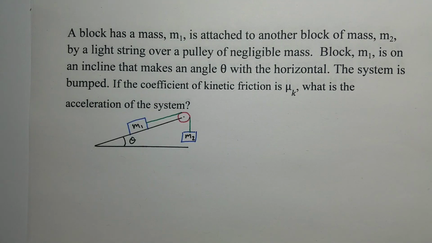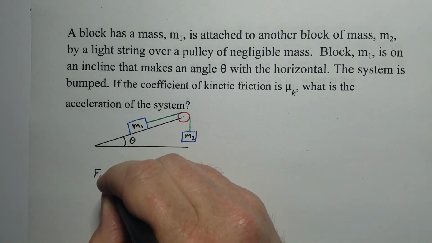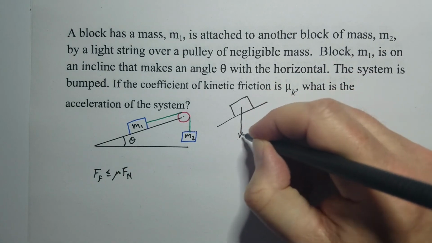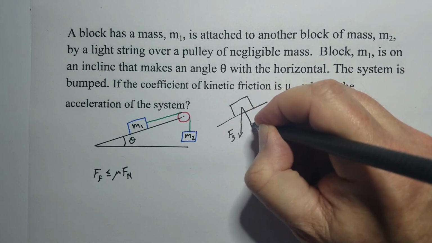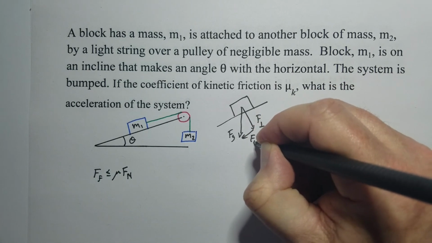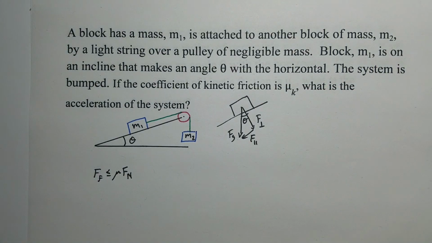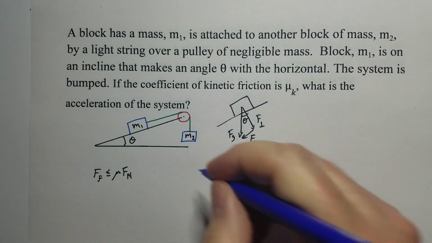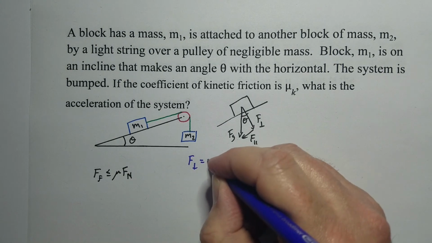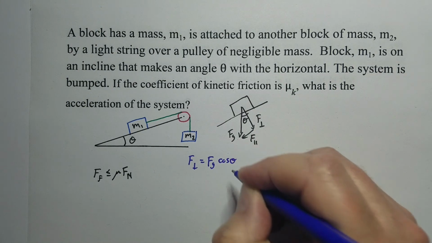So we have the same setup. We still know that force of friction is less than or equal to mu times the normal force. We know that this has to be broken down into the component perpendicular to the surface and the component parallel to the surface. And that angle is the same as that one. Just doing a little bit of trigonometry, the force perpendicular is equal to the weight of the object times the cosine of theta.